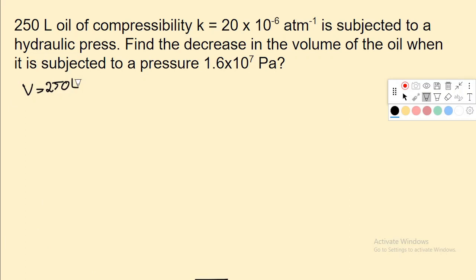So that we have to convert into meter cube. So what is the relation? We have to remember the relation, that is 1 liter is equal to 10 raised to negative 3 meter cube.